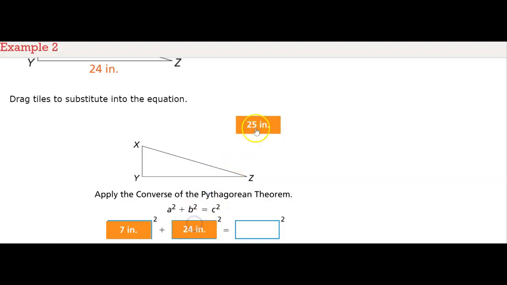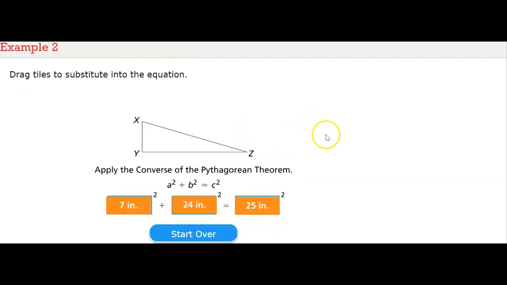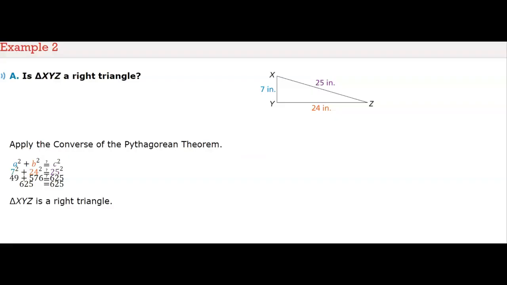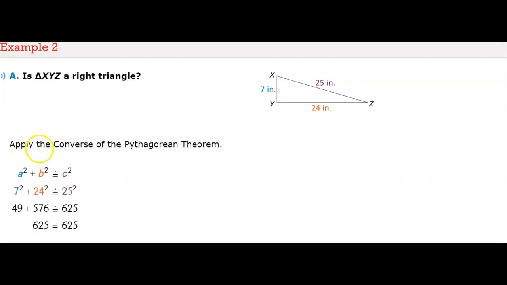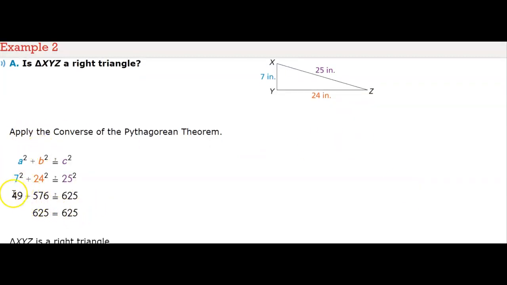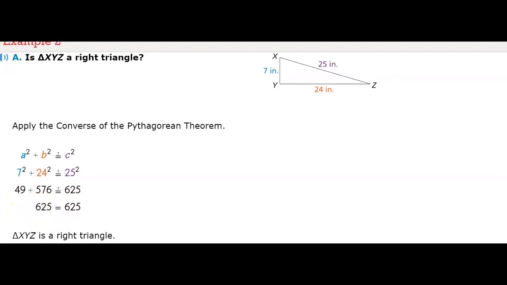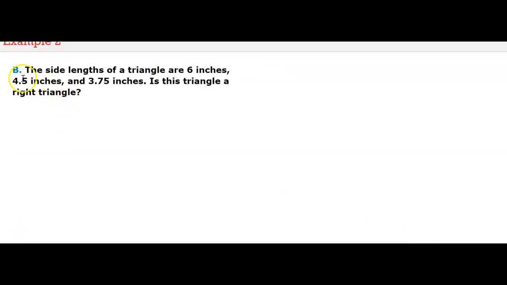And then our hypotenuse would be the 25. Now, once we do that, we solve it. We have 49 plus 576 equals 625. You add those together, it does equal 625. So triangle XYZ is a right triangle.